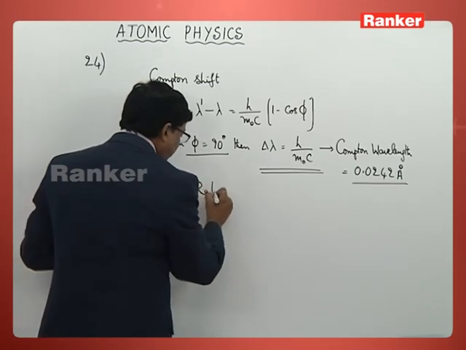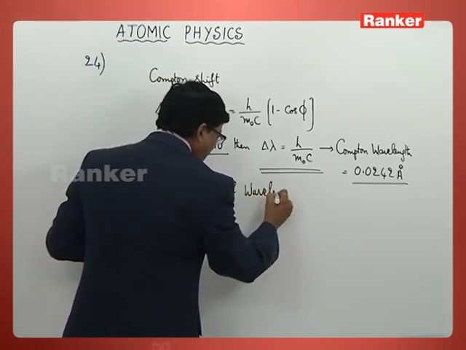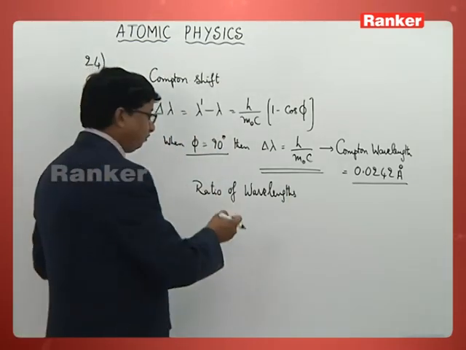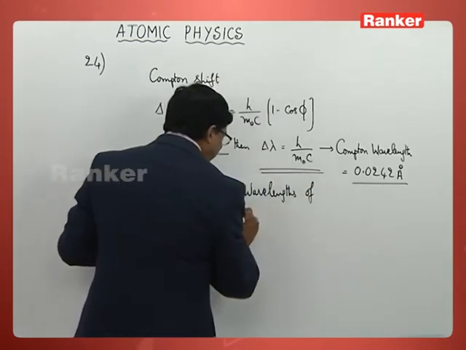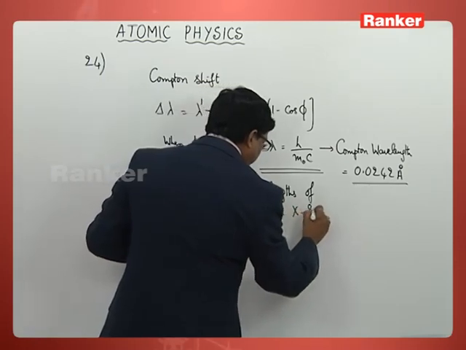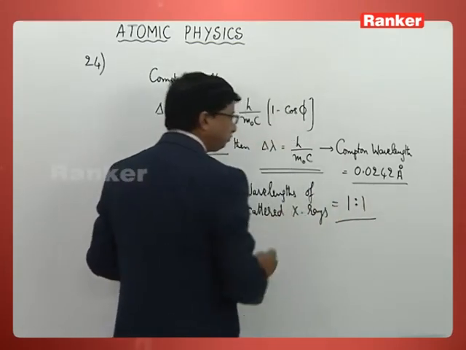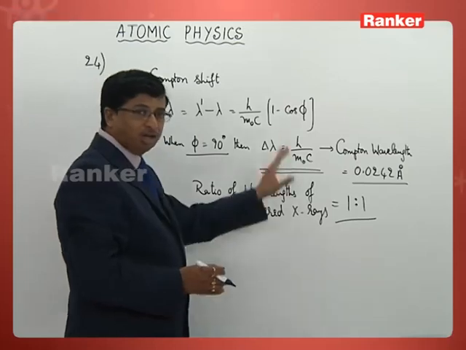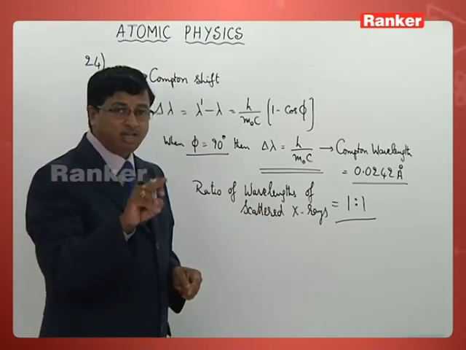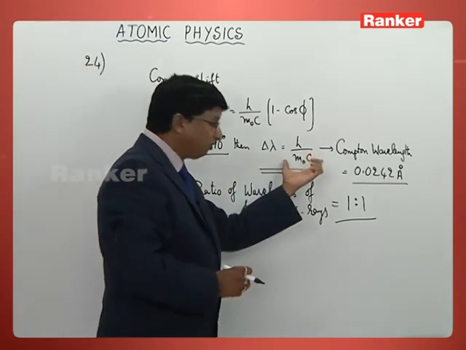The ratio of wavelengths of scattered X-rays will now be how much? 1:1. Whether it is on a carbon block or a zinc block or something else hardly matters. It is independent of the nature of the block which is scattering those X-rays.